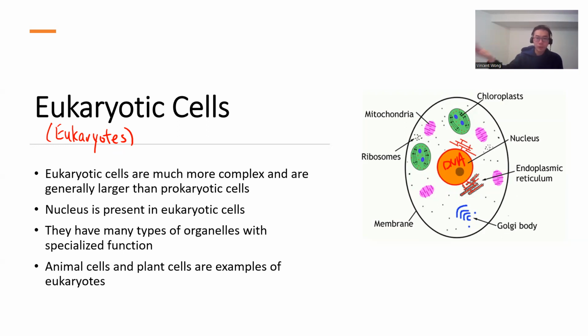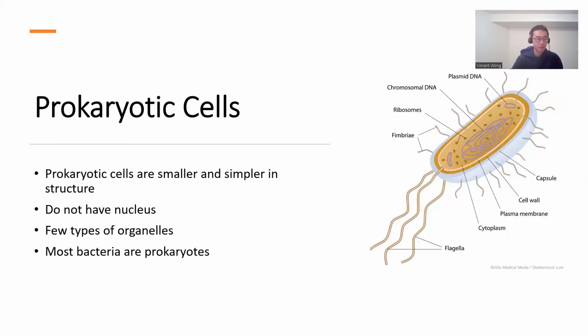On the other hand, the opposite of eukaryotic cells are prokaryotic cells. Prokaryotic cells are also known as prokaryotes. They are typically smaller and simpler in structure. They do not have a nucleus, so their genetic material just flows around in the cytoplasm.